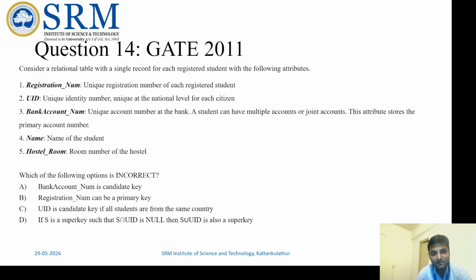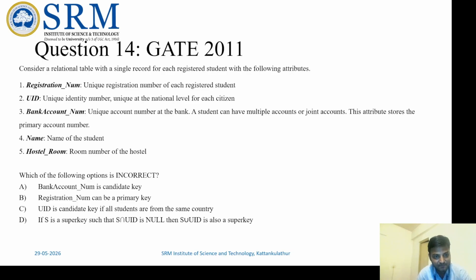Bank account number, a unique account number at the bank. A student can have multiple accounts or joint accounts. This attribute stores the primary account number. We can assume it. Name of the student, and hostel room number of the hostel. Now which of the following options is incorrect?